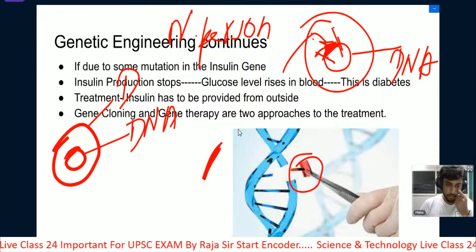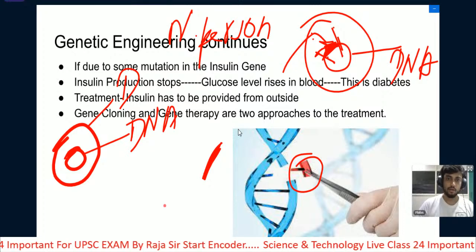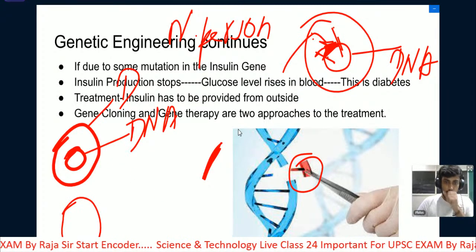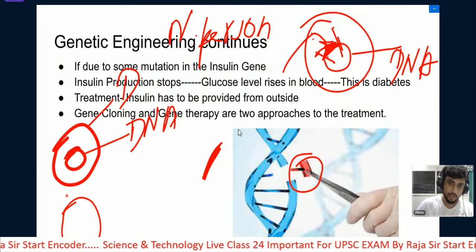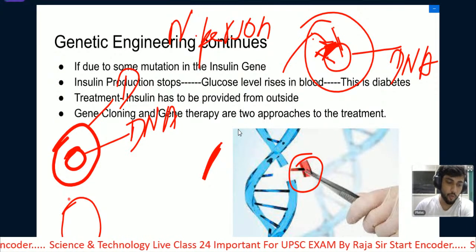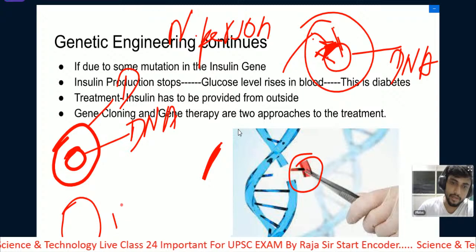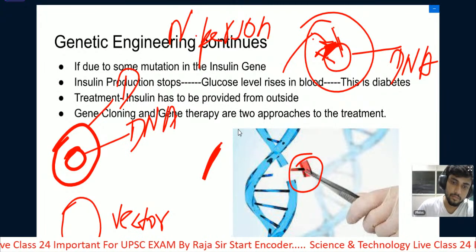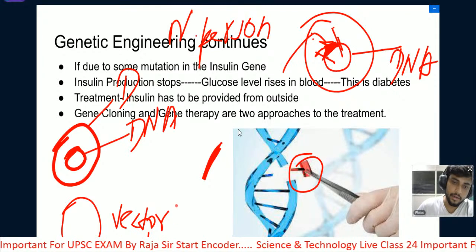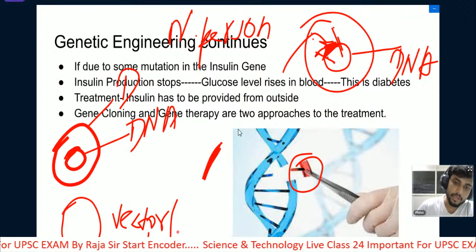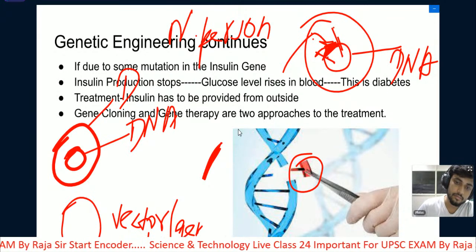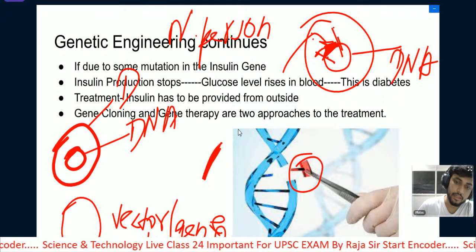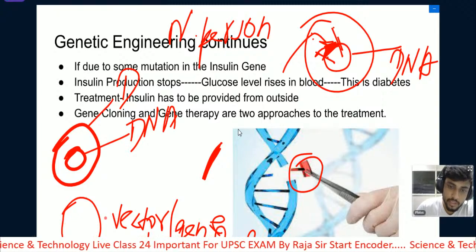Now there is also one more thing, which is the vector DNA. This is not a cell. This new thing that I have drawn is the vector DNA, and biotechnologists call it the gene vehicle.